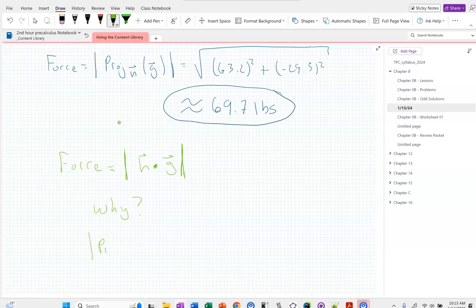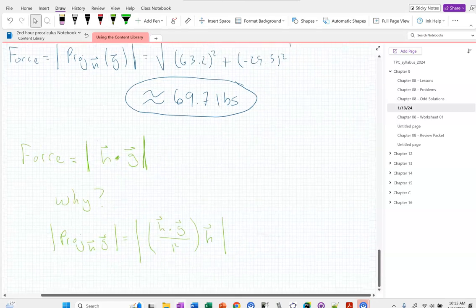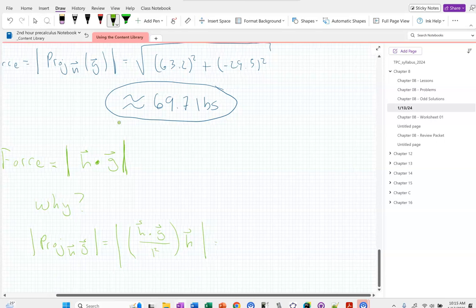So if I'm doing the magnitude of the projection of H onto V, that's the magnitude of H dot G over, well, I'm going to write the 1 squared there, times H, right? Now, H dot G is just a scalar.